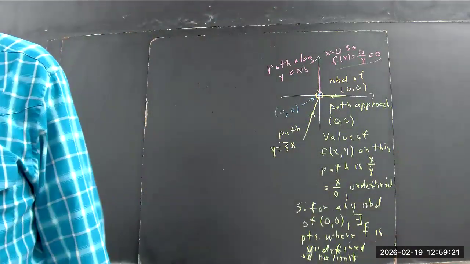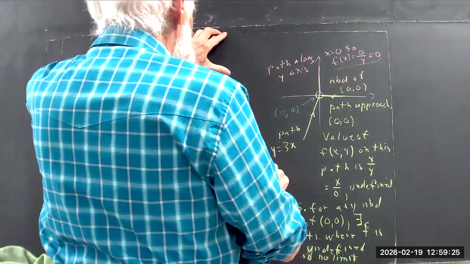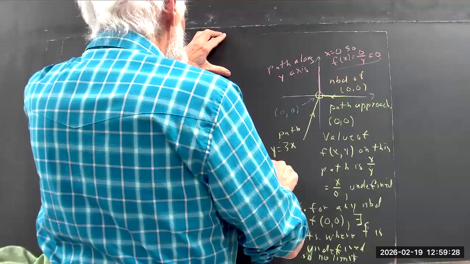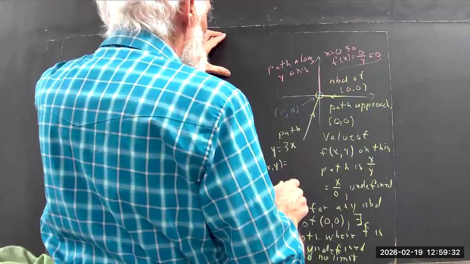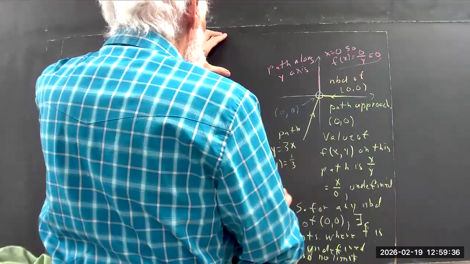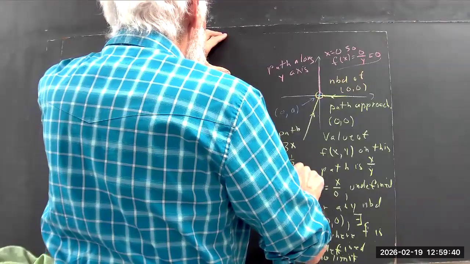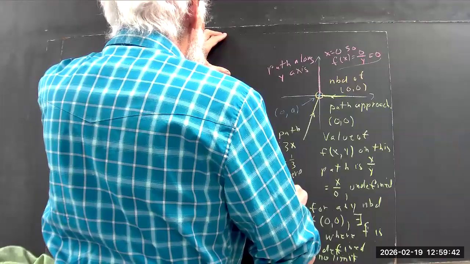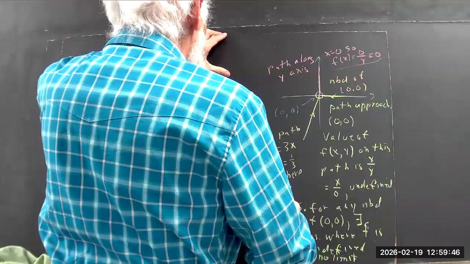Whatever, any multiple of x. f of x,y equals x over 3x, which is 1/3, everywhere on this path.